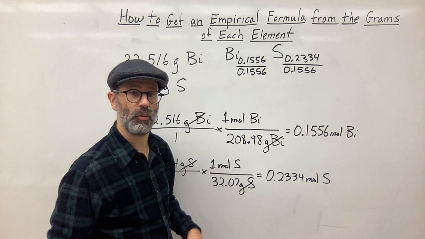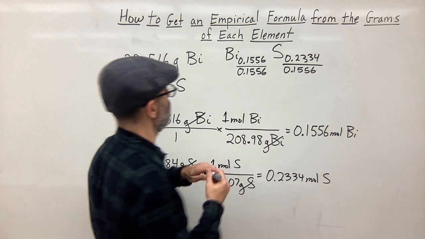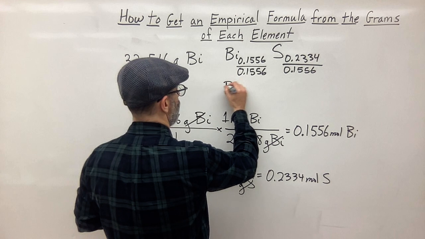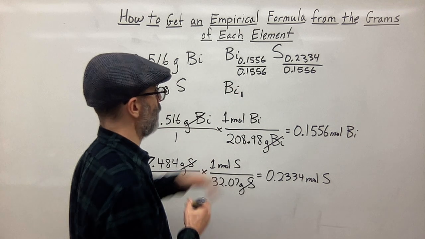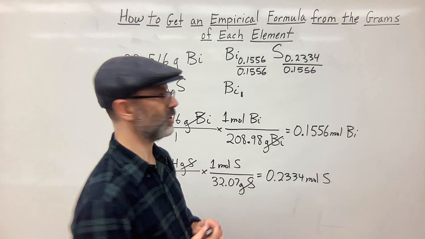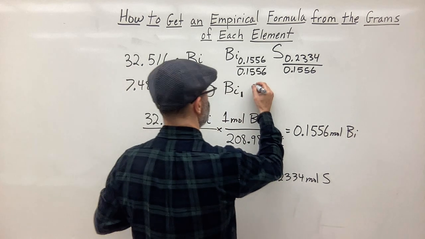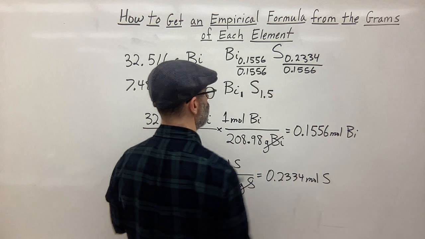But let's see what we get. If I divide this by itself, of course, it's going to be 1. And then if I divide the sulfur, I get exactly 1.5.